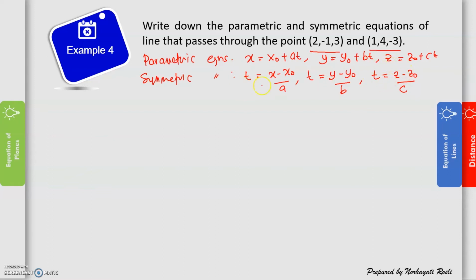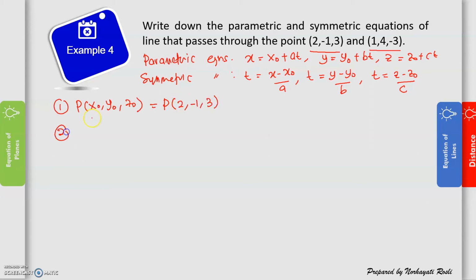To solve this, our first step is to have a point P with x naught, y naught, and z naught. You have these two points, so it doesn't matter whether you choose the first point or the second point. Here, I choose the first point, so x naught, y naught, z naught is (2, -1, 3).